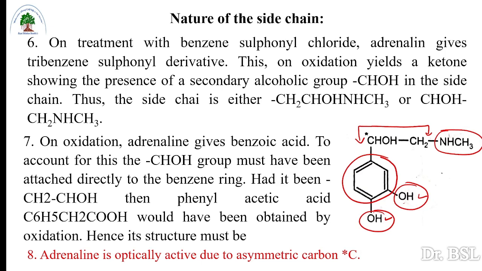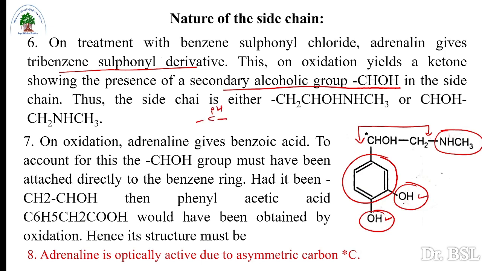On treatment with benzene sulfonyl chloride, adrenaline gives a tribenzene sulfonyl derivative. This on oxidation yields a ketone, showing the presence of a secondary alcoholic group CHOH in the side chain.